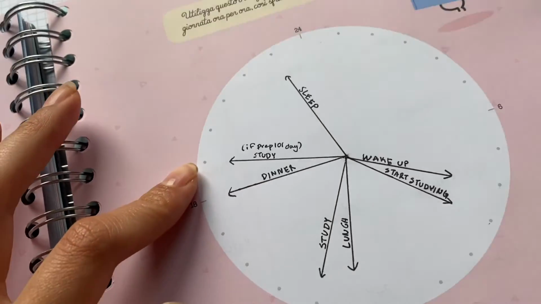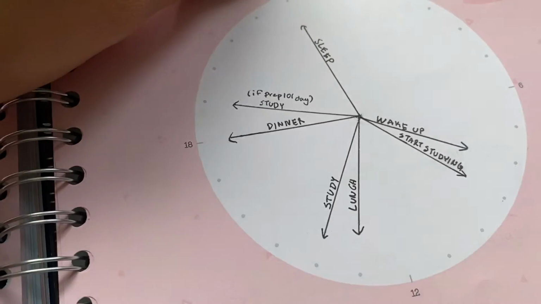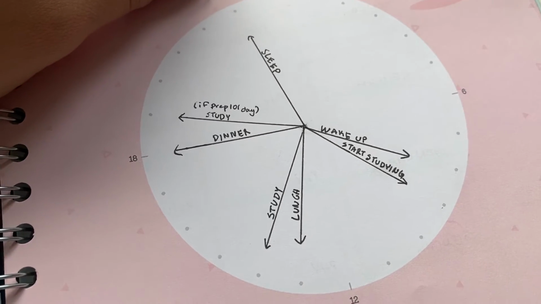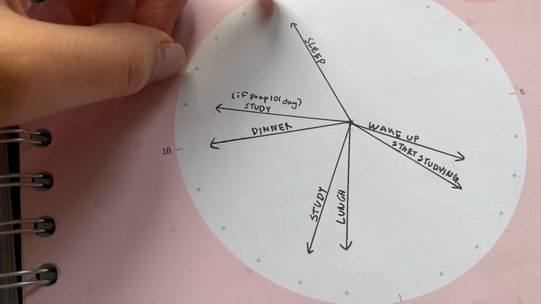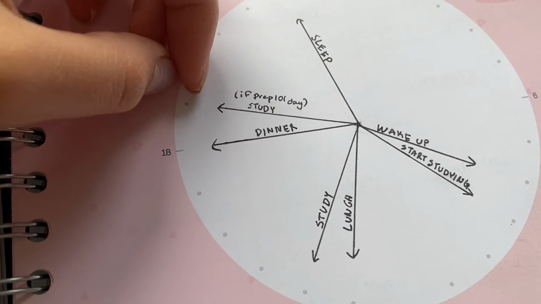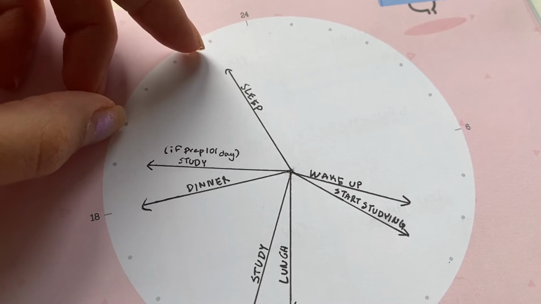And if it's one of the days where I'm doing the prep course, then I'm going to try and get another 4 hours of studying in here. So that'll be 3 days a week.